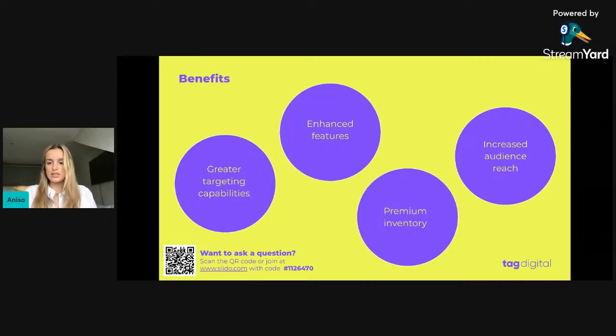This means we can reach a lot more people and create bigger and better audiences to then remarket to. And on DV360, we can also deal directly with publishers for priority access to premium inventory like CNN, BBC News, and Huffington Post, for example.